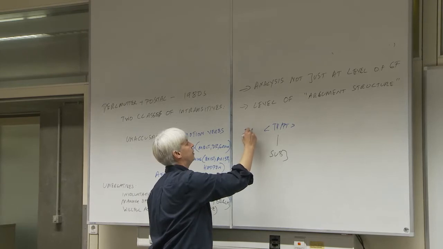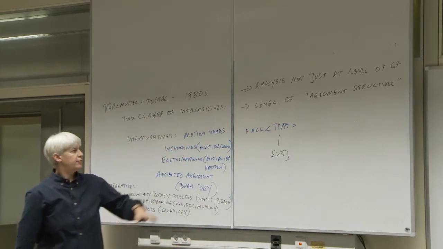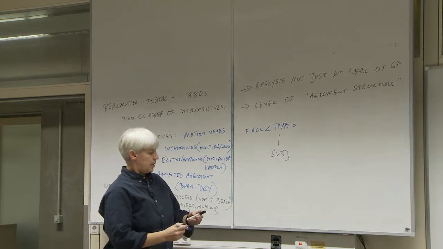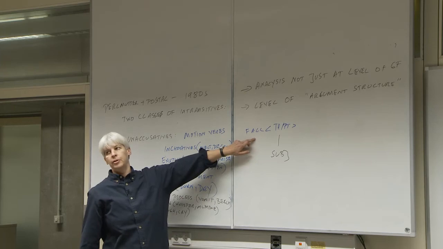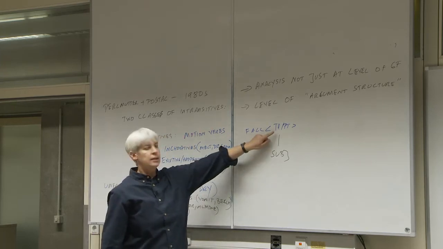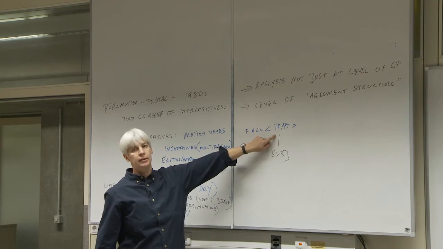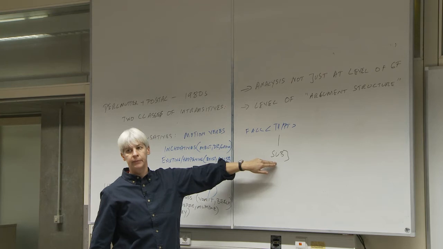This will be something like fall. So the predicate argument structure of a verb is considered to have two parts. One is the thematic part, the argument structure part, and one is the grammatical function part.